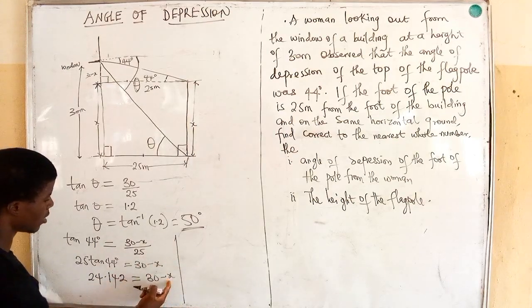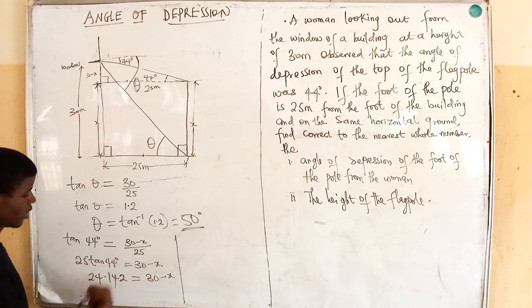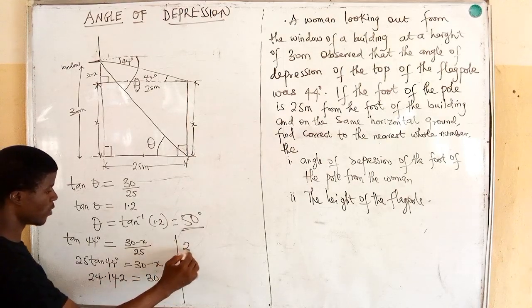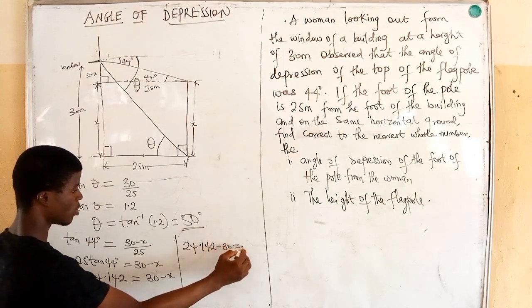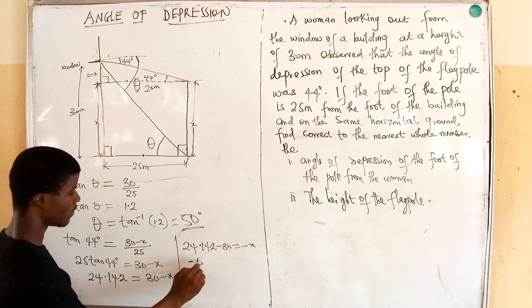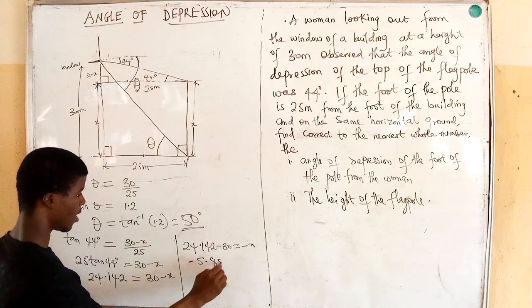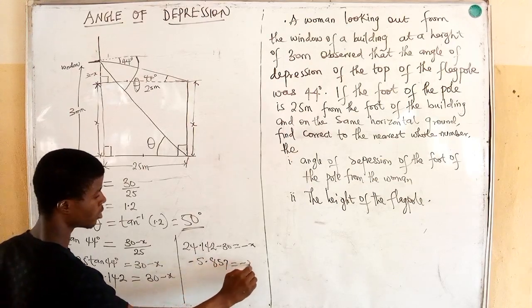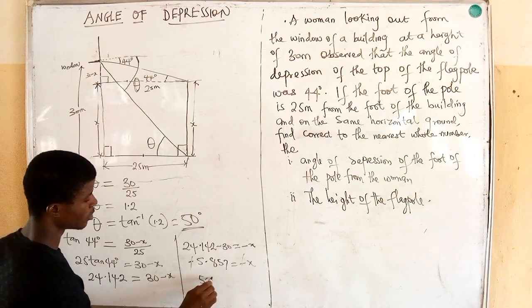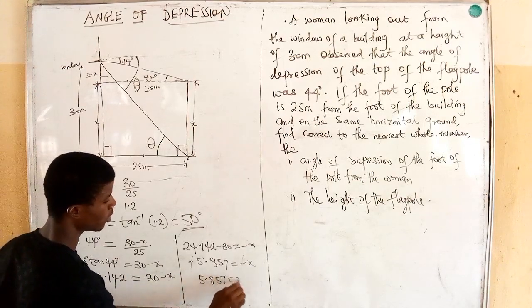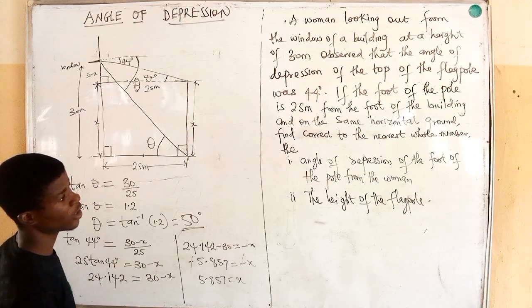So let's make x the subject of the formula. It's simple. Let's take 30 to the left hand side. So 24.142 minus 30 is equal to minus x. Minus 5.857 equal to minus x. So minus cancels minus. 5.857 is equal to x. We are asked to calculate the nearest whole number.